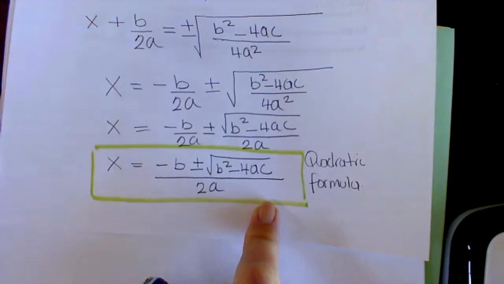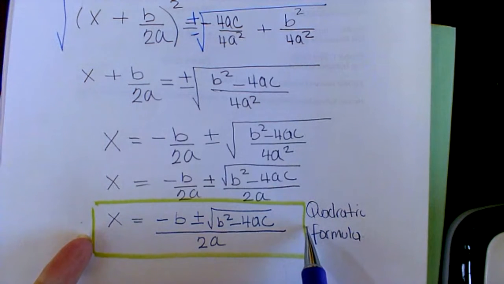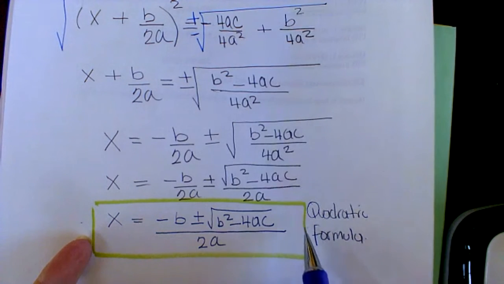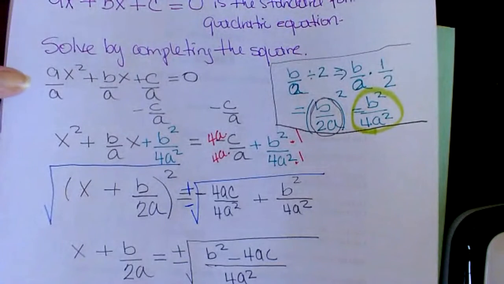This was just a process to show you, so you're not going to have to do it. From now on, what we're going to be using is just this formula. We will be using this formula from now on. It was just to show you how from this you develop the formula.